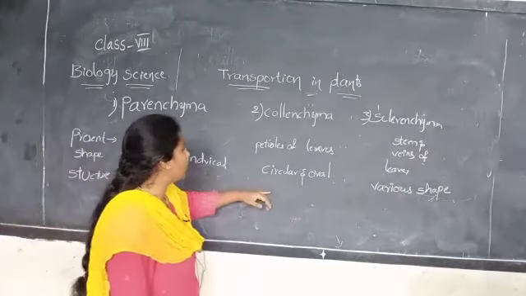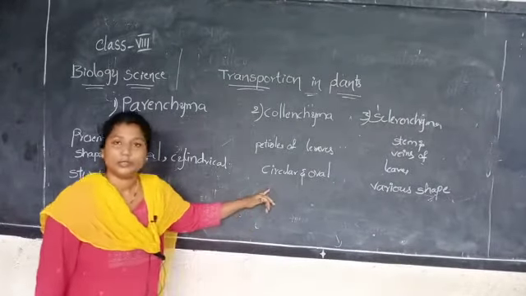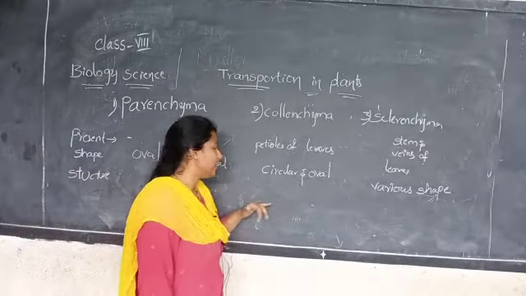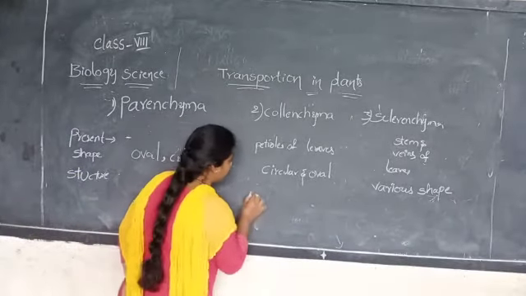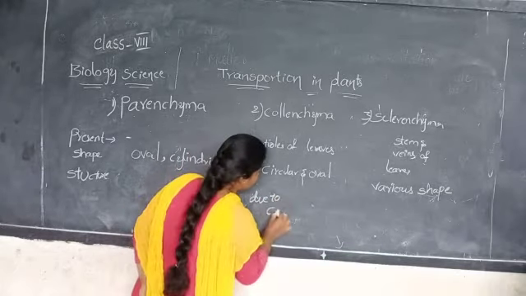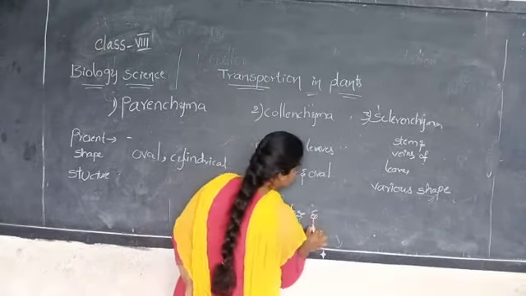When it comes to collenchyma, it has a thick cell wall, no protoplasm, and a lack of intercellular spaces. Why is it a thick cell wall? Because of the presence of cellulose and pectin.